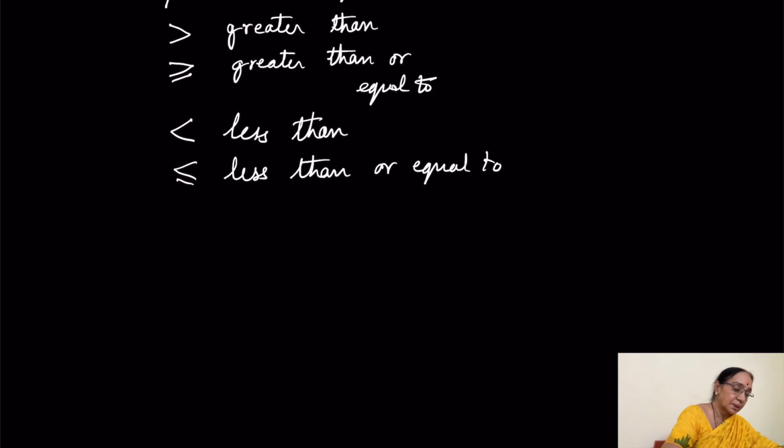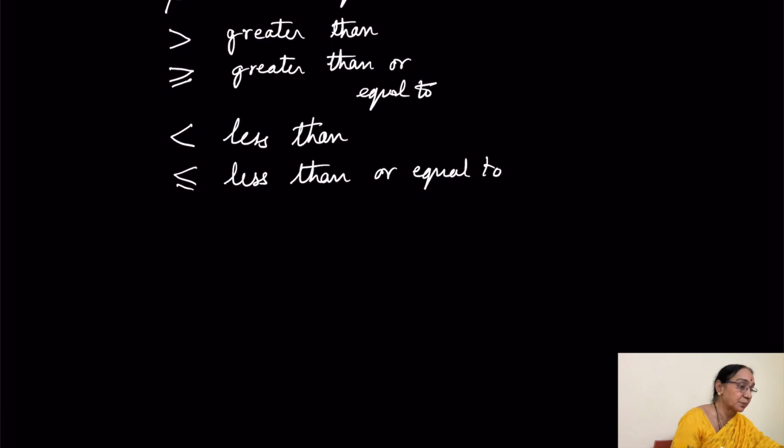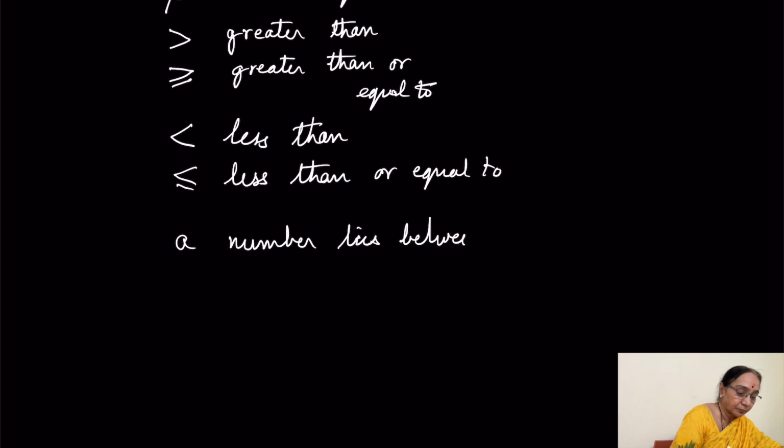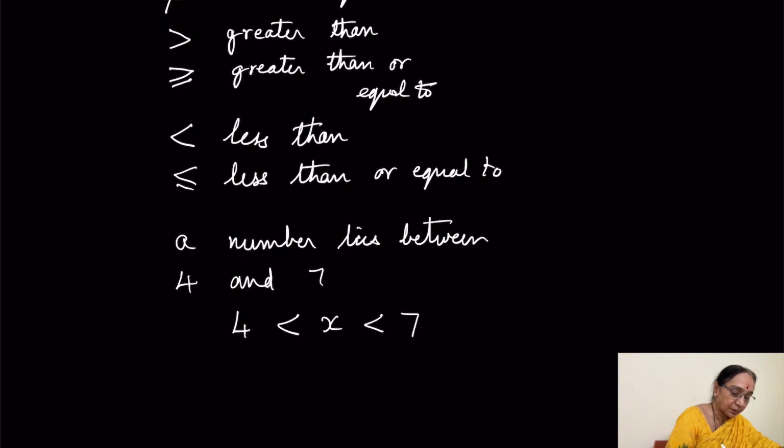Okay. Now we'll see how we are going to make use of these symbols and write some statements. When I say a number lies between 4 and 7, then we write this as 4 less than x less than 7.